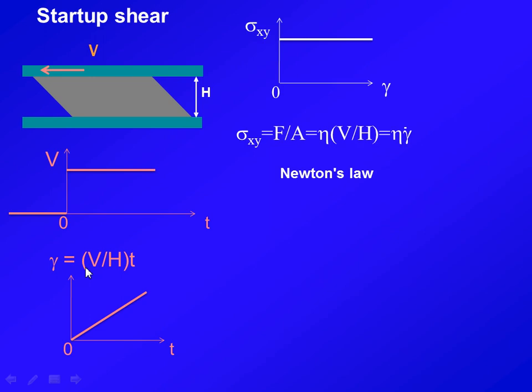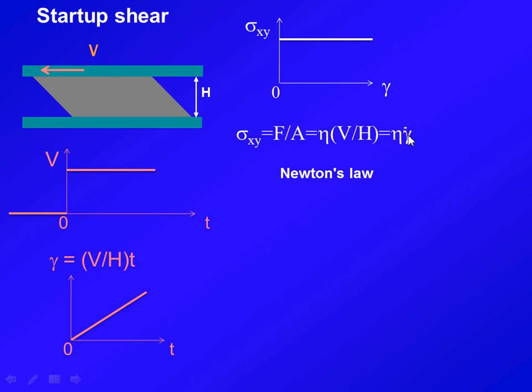If this is a piece of liquid, then Newton, several centuries ago, tells me that you must right away see the stress you sense with your sensor shoot to a finite value. That's Newton's theory. Why? Because you right away have a slope in gamma. In other words, you right away have a finite shear rate.